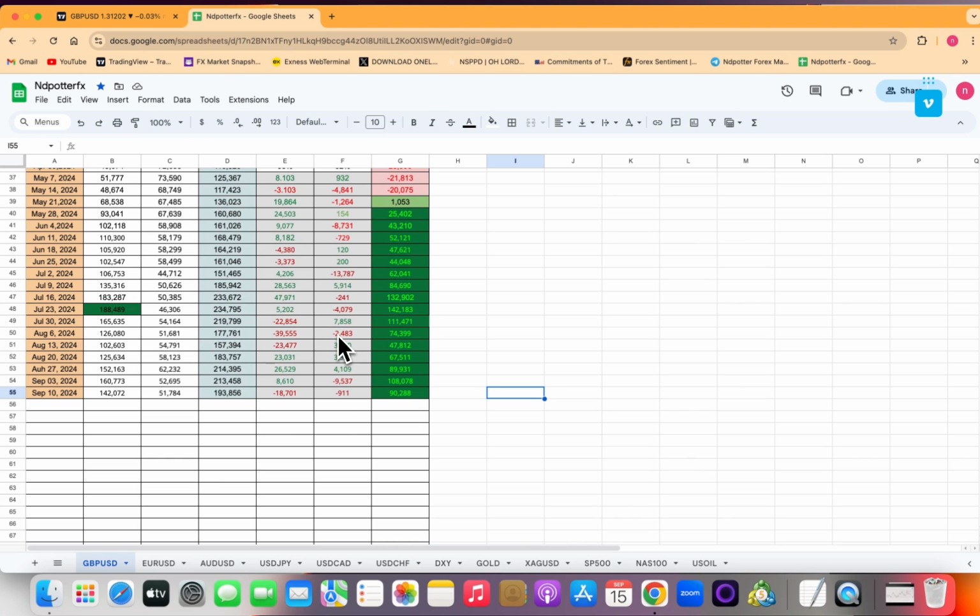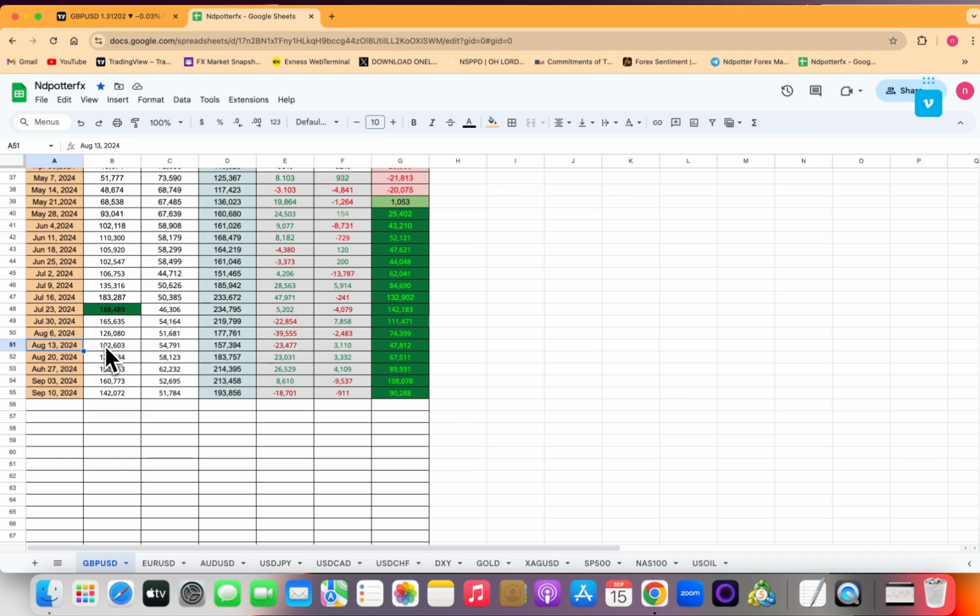So what we are actually seeing here is that the institutions are secretly offloading their long positions and getting into shorts little by little. They took 39,000 profits on their long again on August 6th.